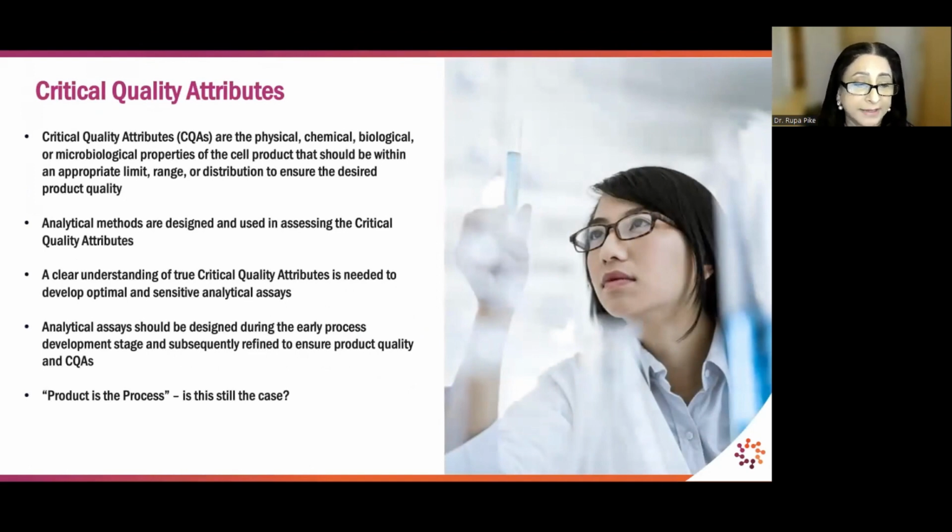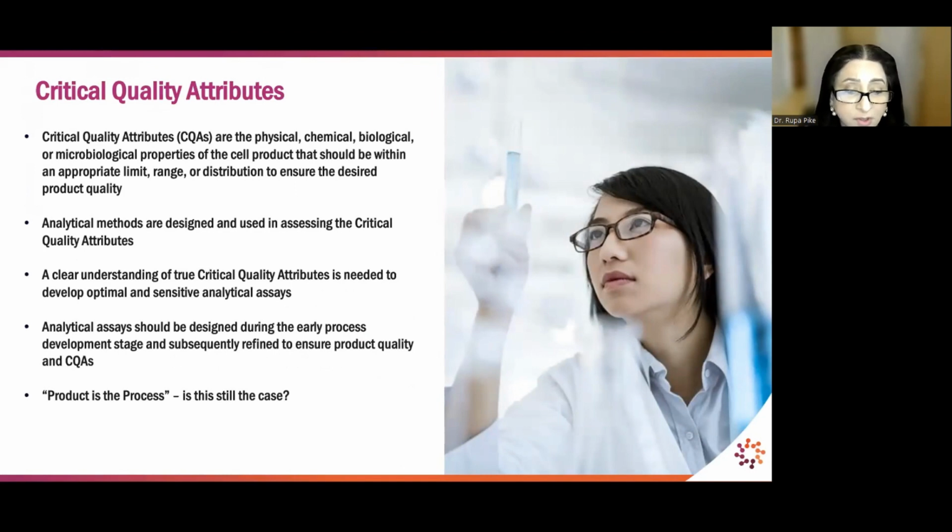In this slide, I would like to make a connection between critical quality attributes and analytical assays. Those of you who've attended the previous webinar and read the chapter know that there's a lot of very good information in that chapter about critical quality attributes.